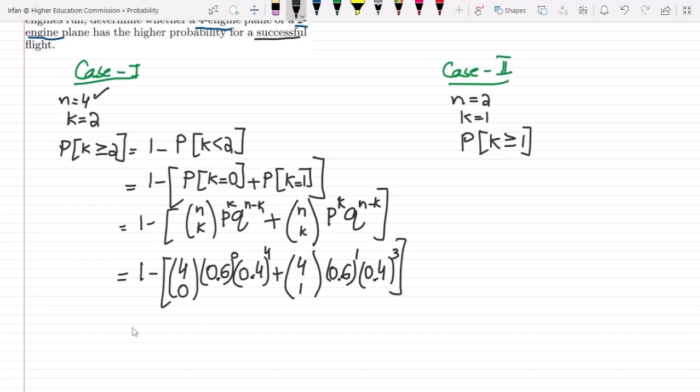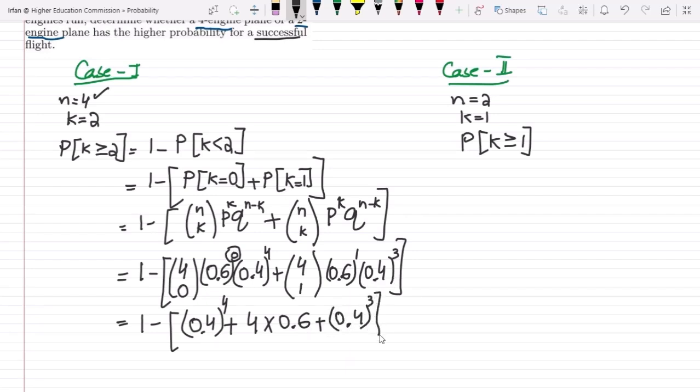Let me solve it again. 1 minus 4 choose 0, which is 1, and 0.6 raised to power 0 is also 1 because anything raised to power 0 is 1. So here we will have 0.4 raised to power 4 plus 4 choose 1, which is 4, multiplied by 0.6 times 0.4 cubed.